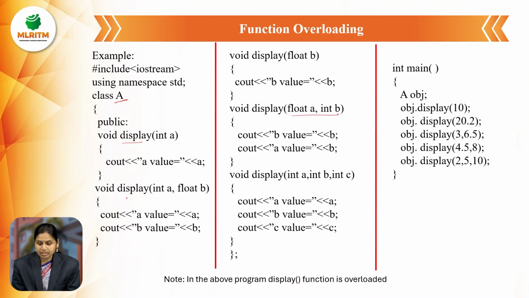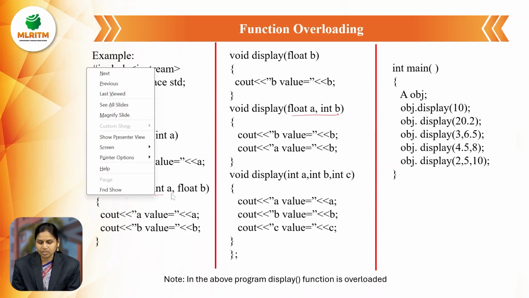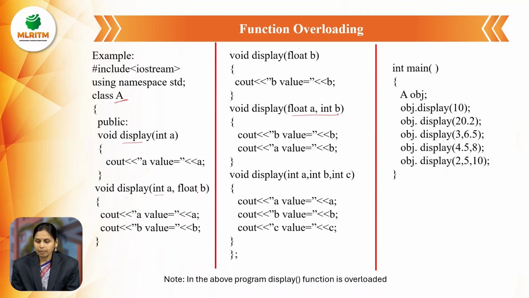In the second case I am also using two parameters, integer and float, but the order is different. In the second case the order is integer first, then float. But in the fourth case, the display function's parameter order is float and integer. This is the first one, second function, third, fourth one.